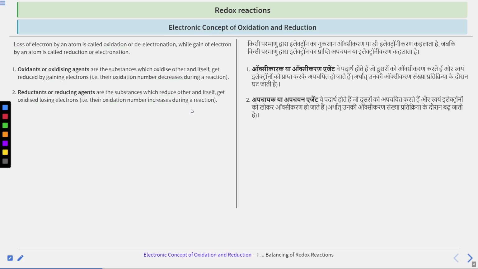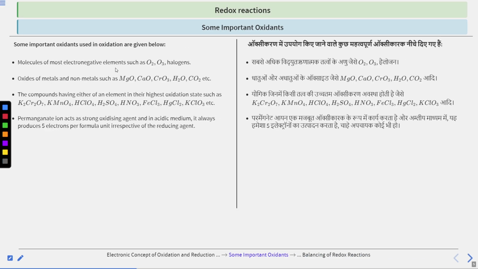Okay, let's further study some important oxidants. Some important oxidants used in oxidation are given below. We use oxidants in the oxidation process and reductants in the reduction process. Molecules of the most electronegative elements, such as oxygen and halogens, are oxidants used in the oxidation process.